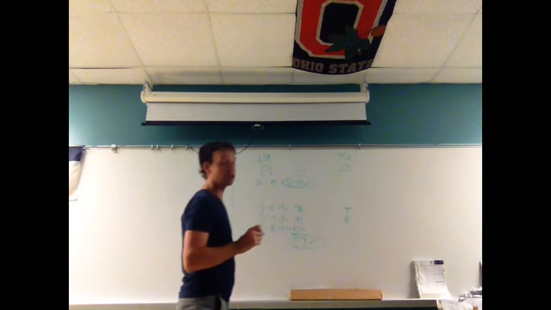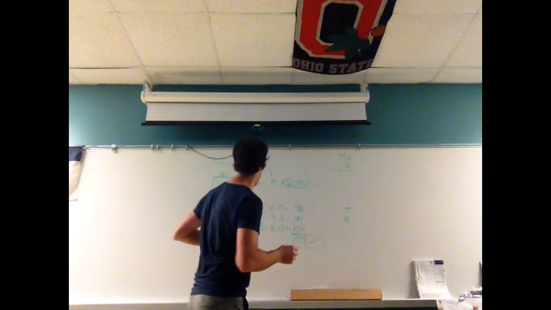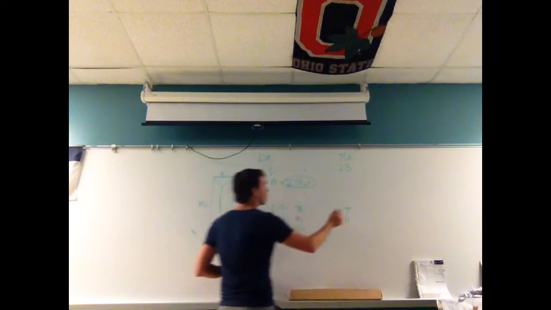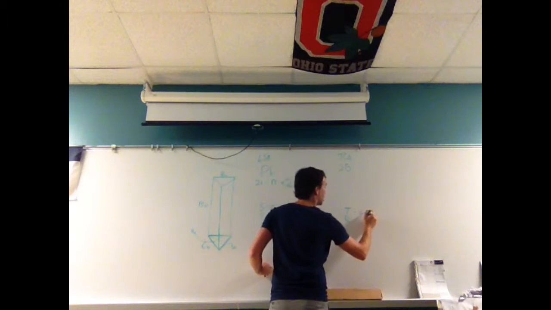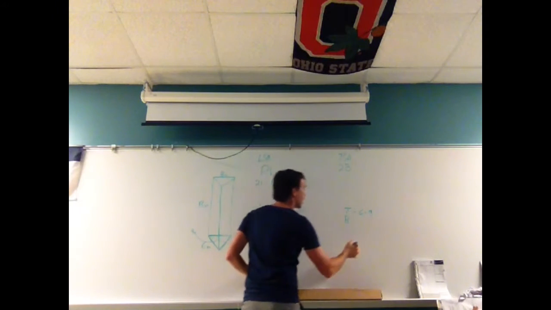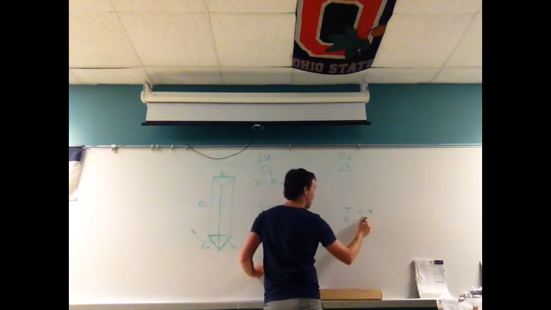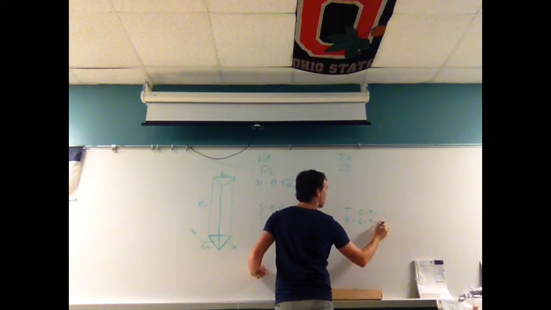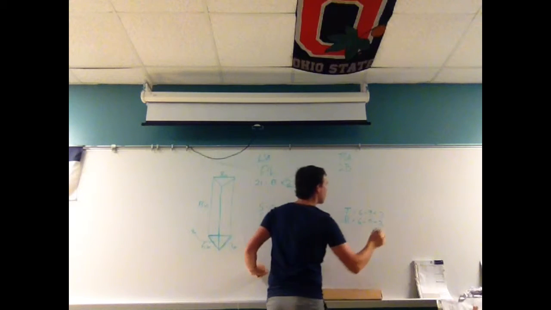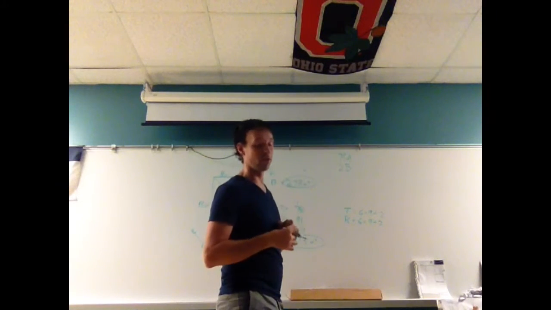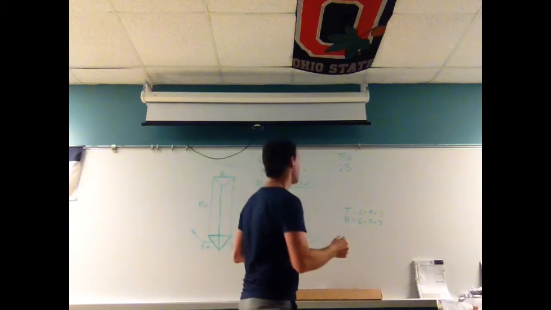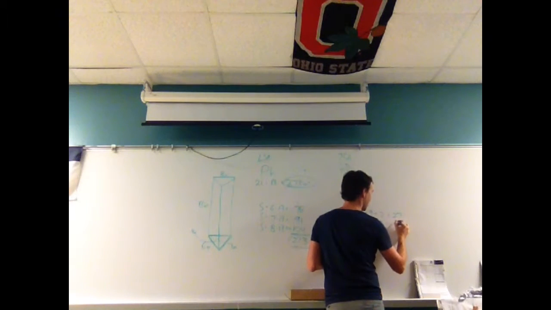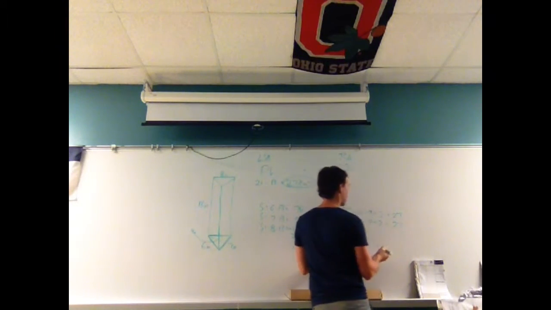So what I'm going to do is multiply my base, 6 times 9, and then it's going to be the same thing for the top, 6 times 9, and I'm going to divide it by 2. 6 times 9, you guys know, is 54. Half of 54 is 27. So there's 27, there's 27.